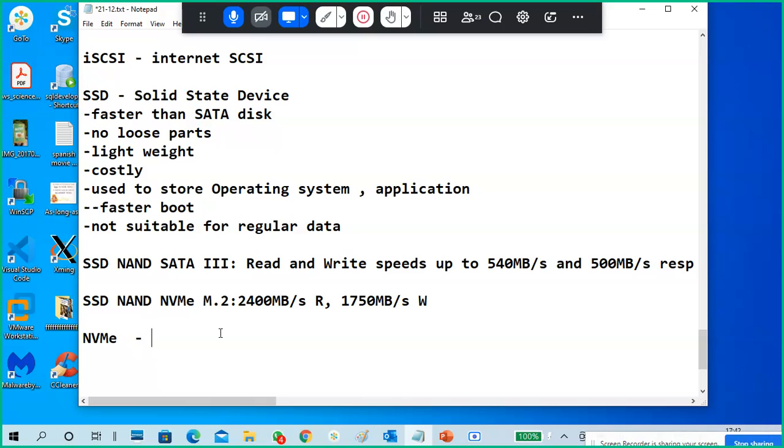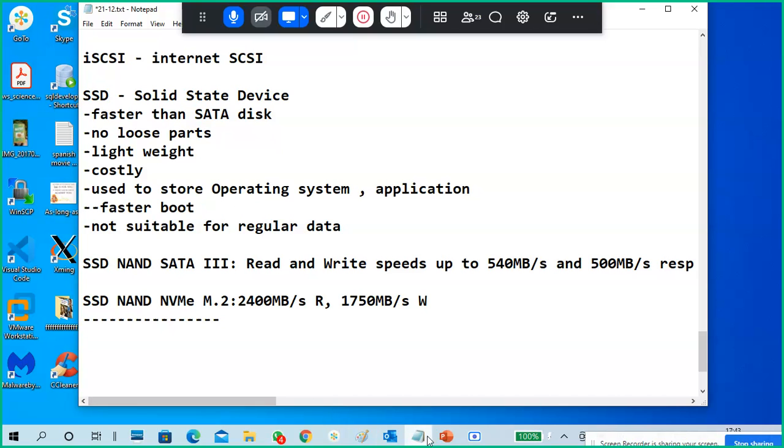So this is suitable mainly for OS booting purposes, OS and applications. Already we wrote that. OS and applications on the server side are also very important.